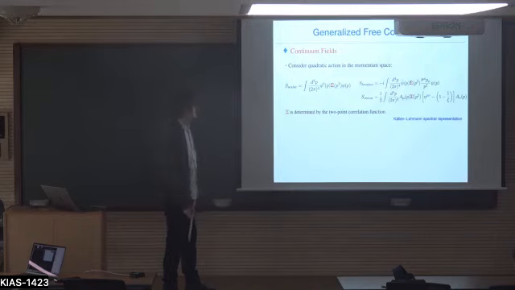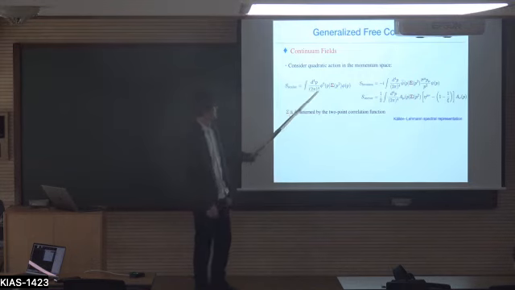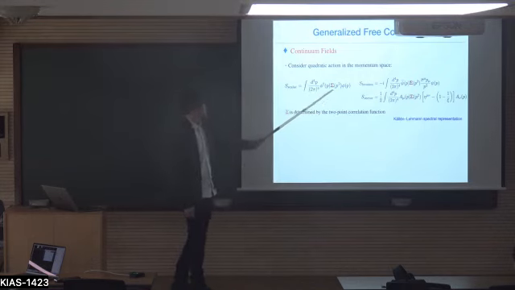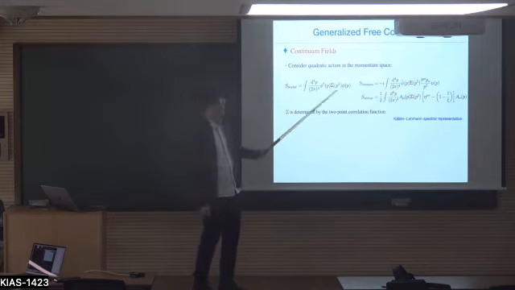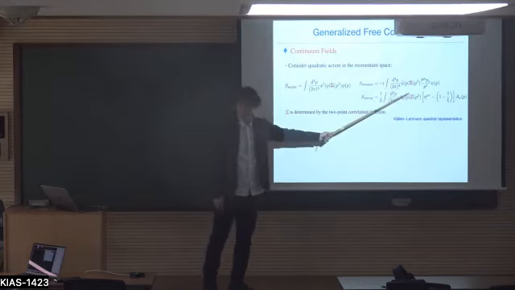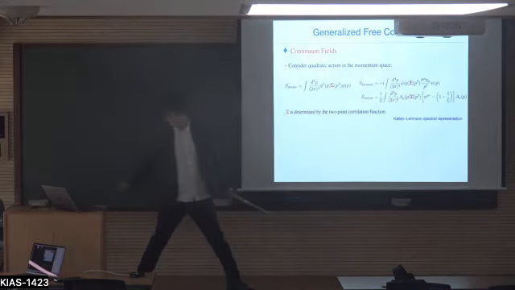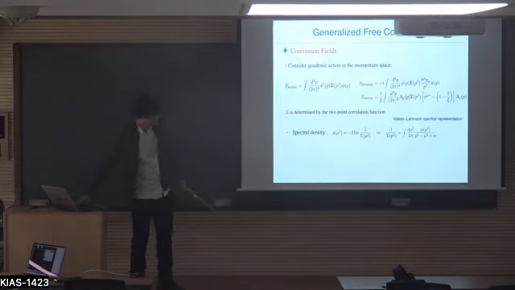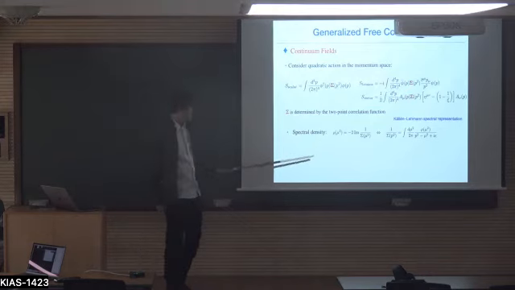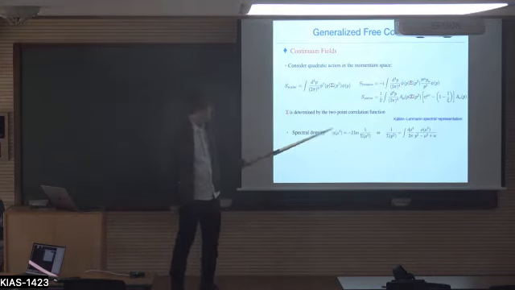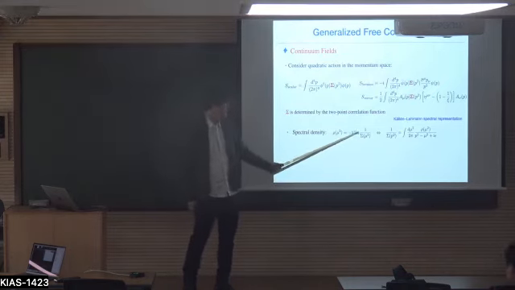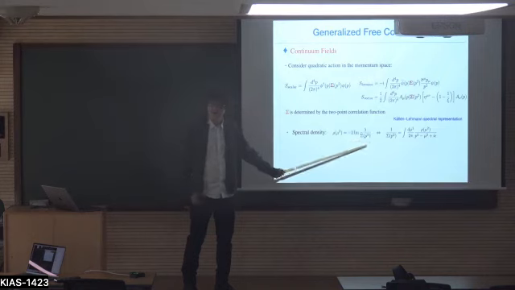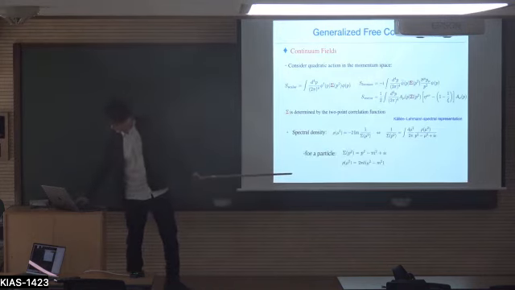So let's look at the continuum field. This is like a scalar field. I can put this sigma. Sigma is basically determined by the 2-point correlation function. For a fermion, you can do this similarly, or for a vector. And if you look at the spectral density, going into the Källén-Lehmann decomposition, basically the imaginary part of 1 over sigma will give you the spectral density.